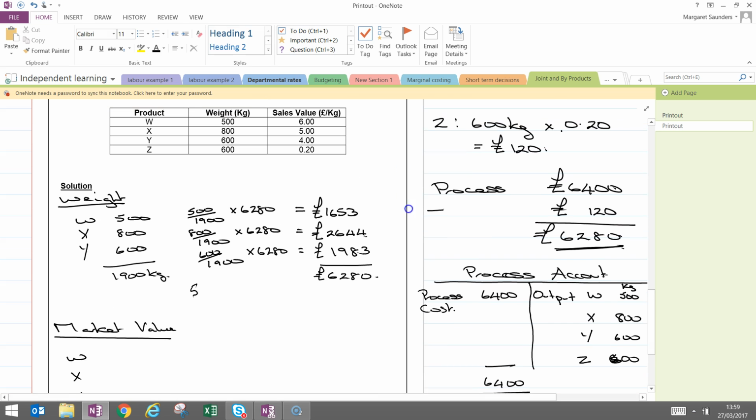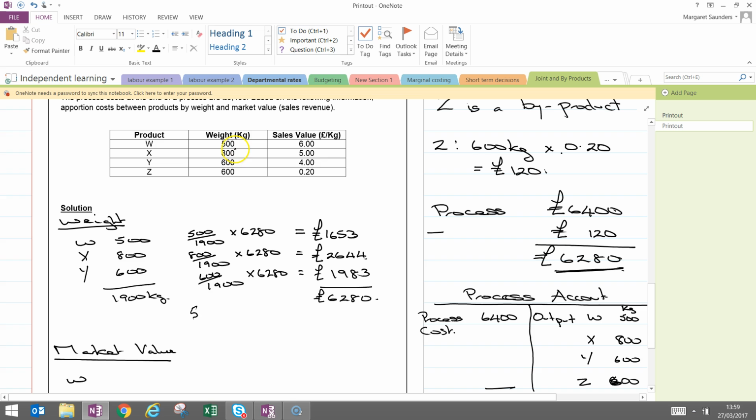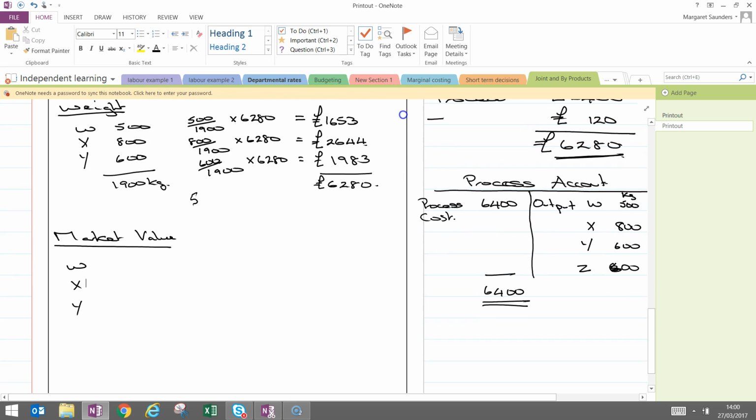We have the selling prices. So 500 kilos has a market value of £6 a kilo. 800 kilos of X at a market value of £5 a kilo. And 600 kilos of Y at a market value of £4 a kilo.